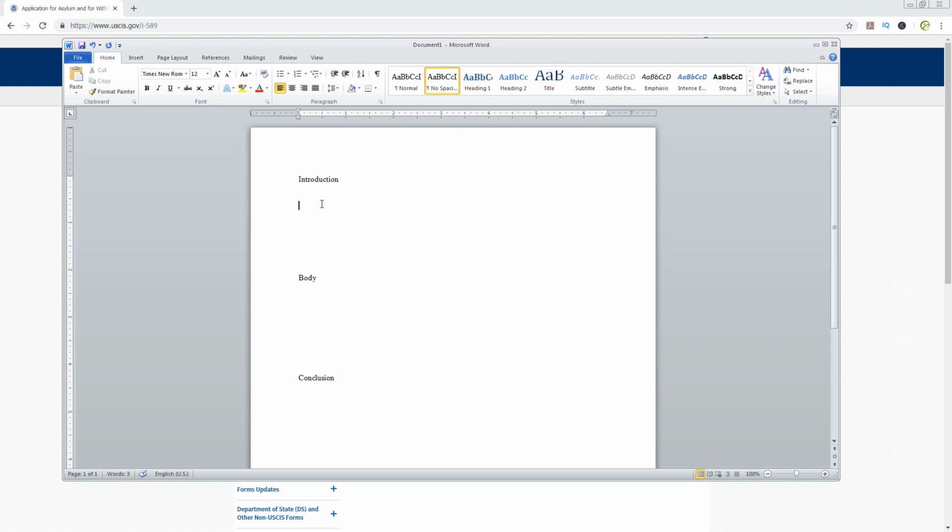If that is important in your statement, for example, if you are applying for asylum based on persecution for religious beliefs, obviously you need to state in the introduction that you are of a certain religion and how long you have been of that religion. Basically, you're introducing yourself, with all of these facts about yourself that are important, that you're going to follow up on later in the body of the statement.